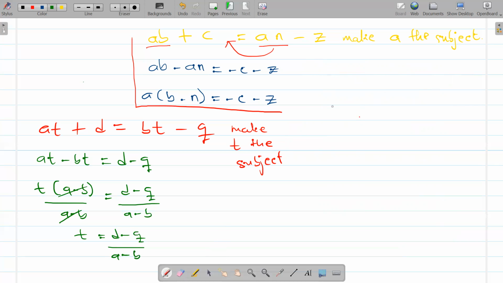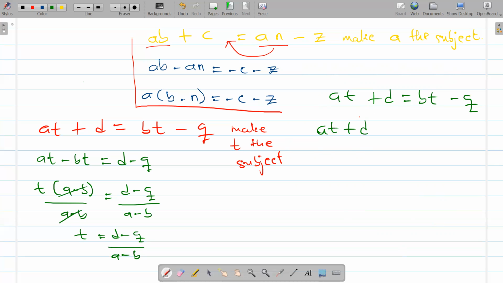So I explained that we have this AT plus D is equal to BT minus Q. So we want to make T the subject. So the first thing is to group all the ATs. So I already have AT plus D here. So I'm bringing this BT to the other side of the equation, right?